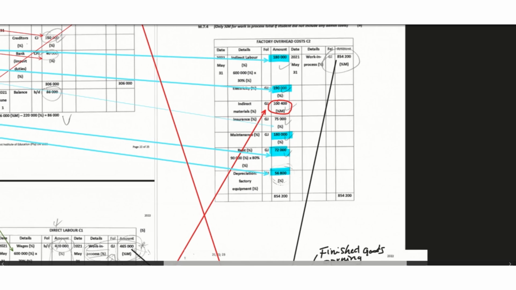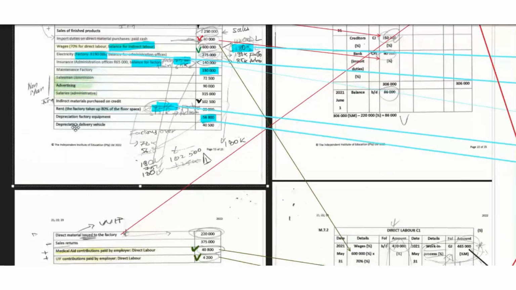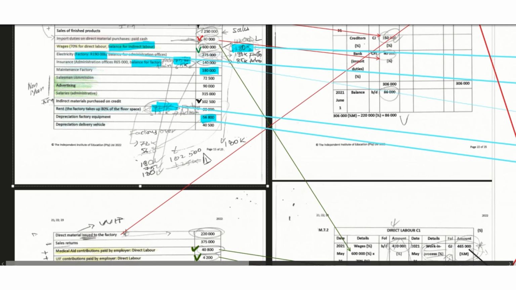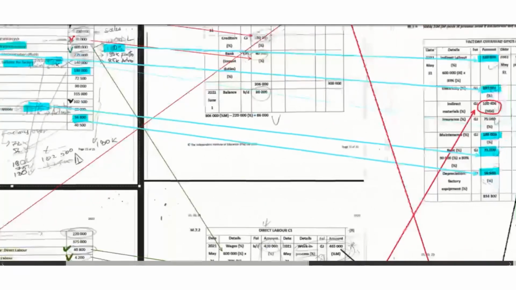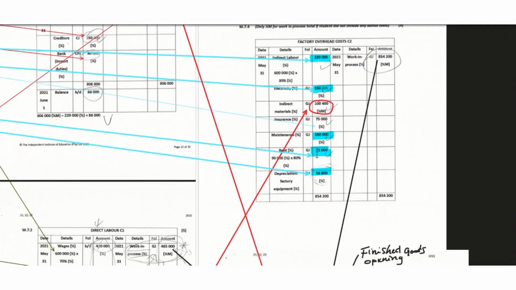Of course, we need to find out, is it rent for the factory or is it rent for something else? The factory takes up 80% of the floor space. So meaning from this 90,000 that is provided to us, 80% of it, 72,000, is for the factory and 18,000 is for the admin. You need to make that clear, all right? Because it's going to be very important. So rent, 72,000.